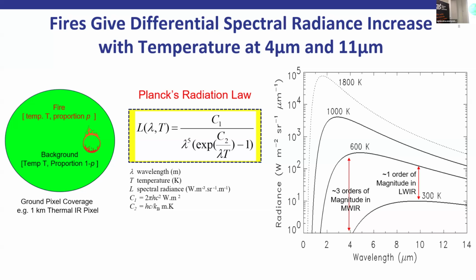Fires emit maybe 1,000 times, or maybe even something like 10,000 times more radiance per unit area than the ambient background. Whereas in the long wave infrared, where people are measuring land surface things, they only go up by an order of magnitude. So you can see that it's super useful if you put middle infrared wave bands on your instruments for fire.